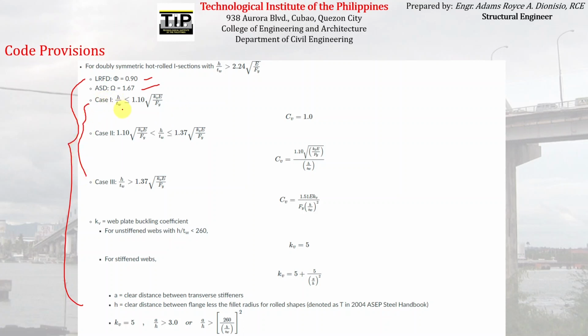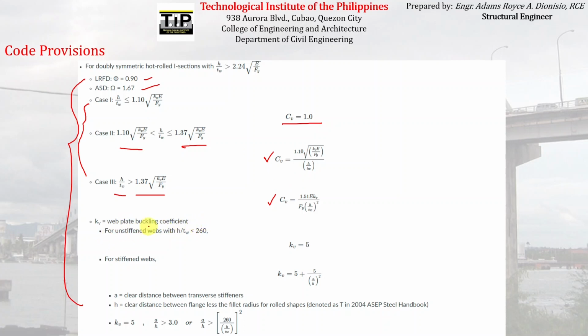Case 1, if the width thickness ratio is less than or equal to 1.1 square root of kv E over Fy, we can use Cv equal to 1. But for case 2, wherein the width thickness ratio is in between this and this, we can use Cv equal to this. Case 3, if the width thickness ratio is greater than this value, we can use this formula for the web shear coefficient. The kv in this corresponding formula corresponds to the web plate buckling coefficient.